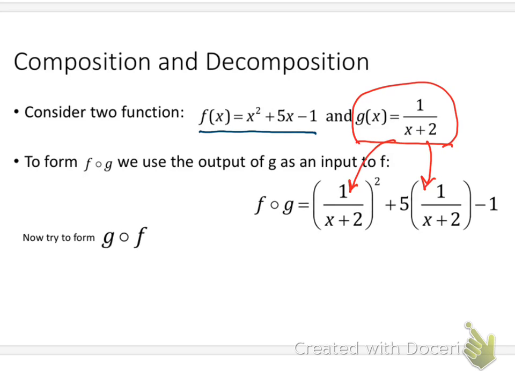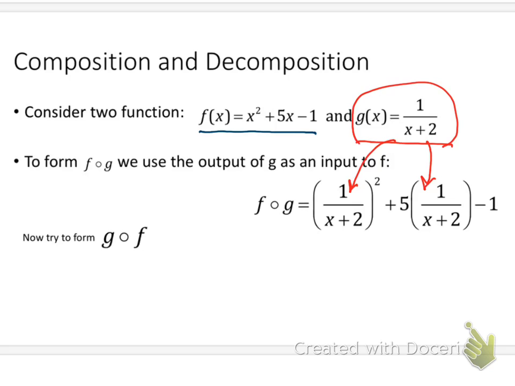Okay, let me change colors. And can you do g of f? That means that you take the f function, and wherever you find an x in the g of x function, you're going to replace it with that f function.